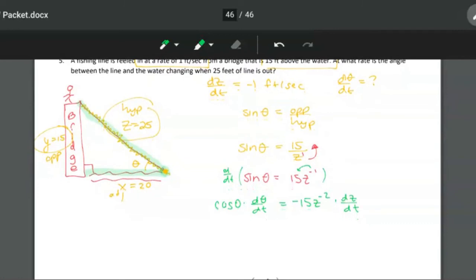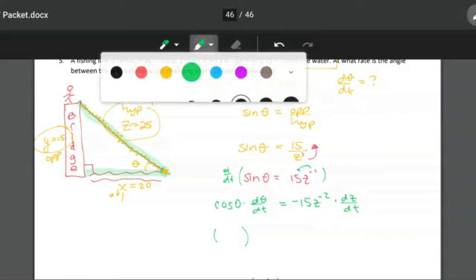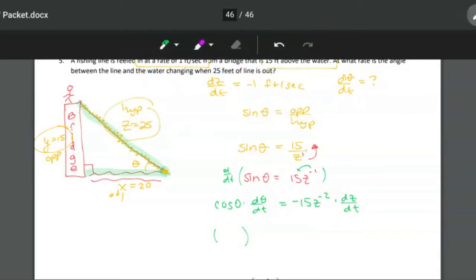All right, so we need to find our cosine. You guys know cosine is adjacent over hypotenuse. So let me highlight that. Cosine, right, is adjacent over hypotenuse. So 20 over 25 times d theta dt, that's what we're solving for. We got negative 15.